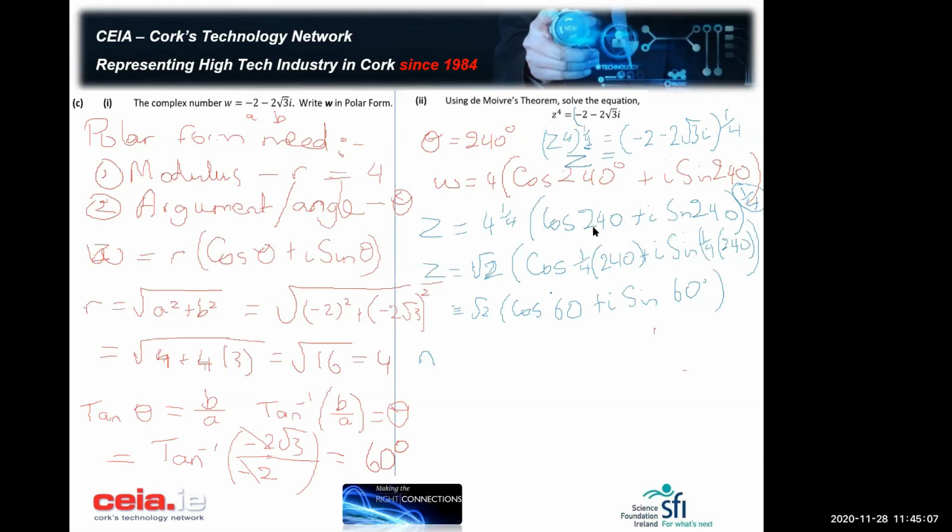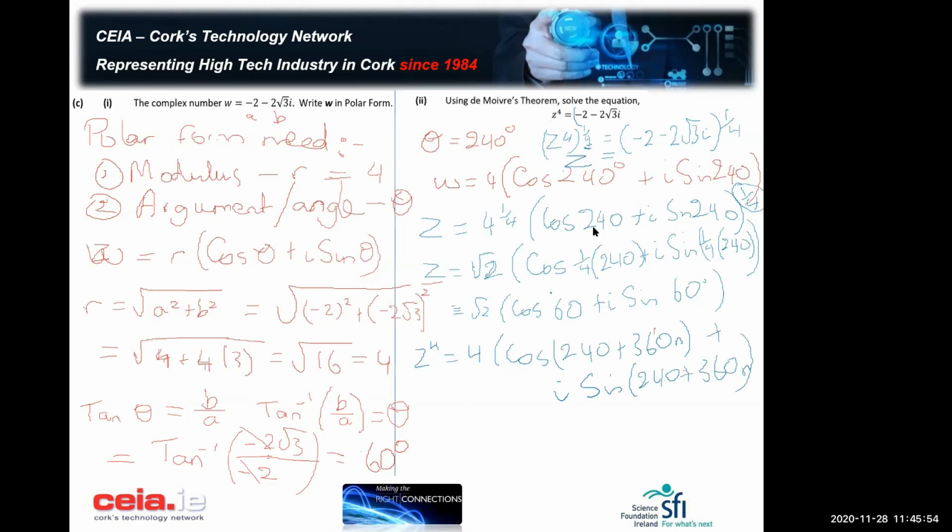So the general form would be z to the power of 4, which is the original one we were given, is equal to 4 times cos of 240 plus 360n plus i sine 240 plus 360n.